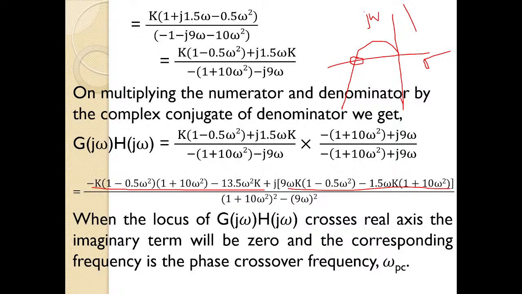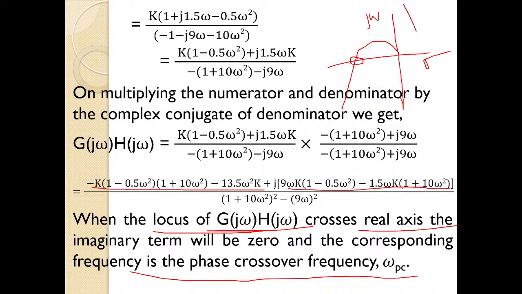So the frequency at which these imaginary terms become 0 is known as the phase crossover frequency. At phase crossover frequency, the polar plot crosses the real axis. Similarly, the locus of g of j omega, h of j omega will cross the real axis.